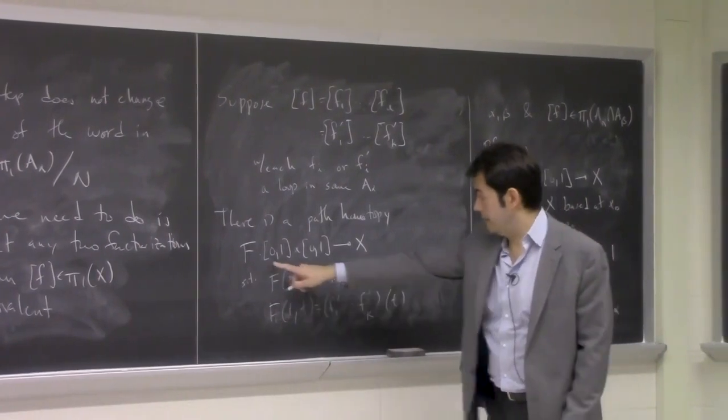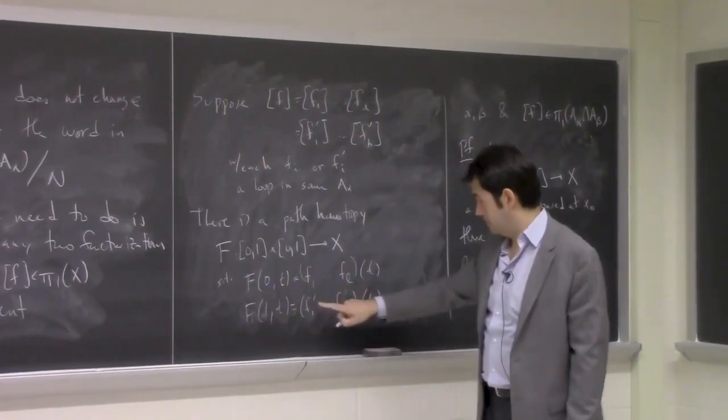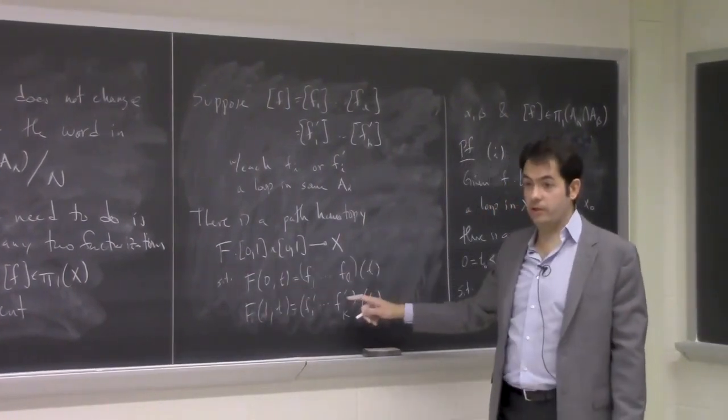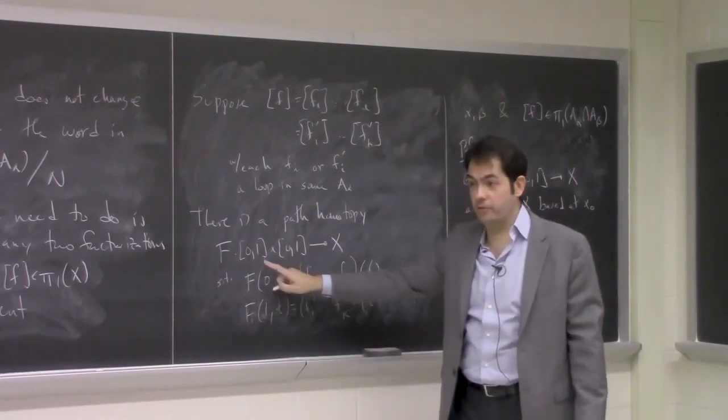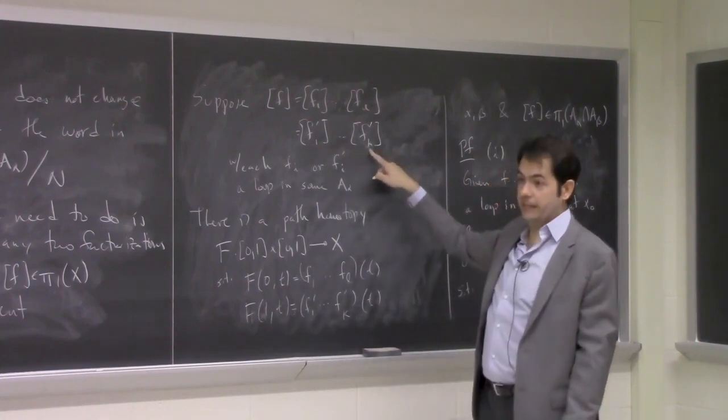Right, so the path at the left endpoint of the first interval is just the concatenation of this factorization. And at the right endpoint of this interval, you just get the path given by concatenating these guys.